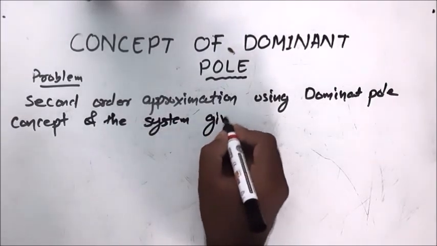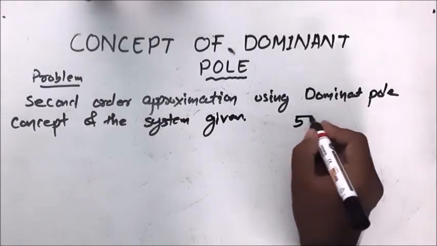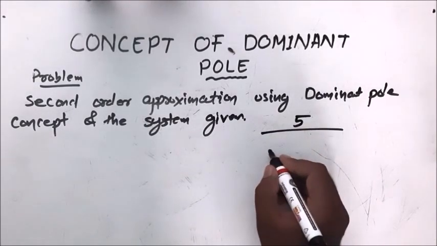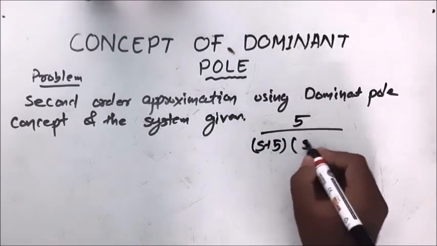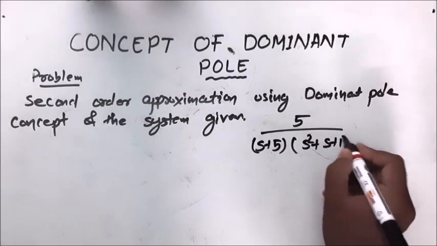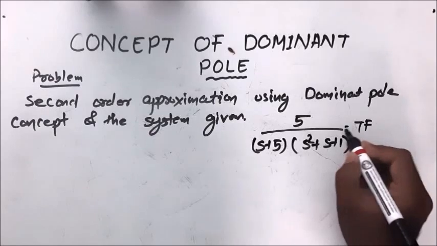Okay, what is that? The system which is given is 5 divided by (s plus 5) whole into (s square plus s plus 1). So this is the transfer function which is given.